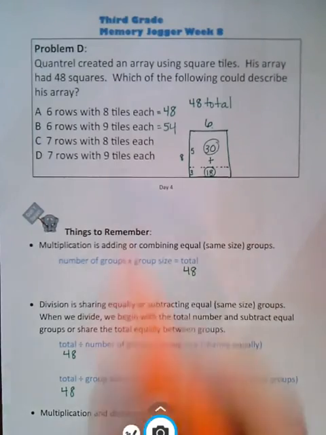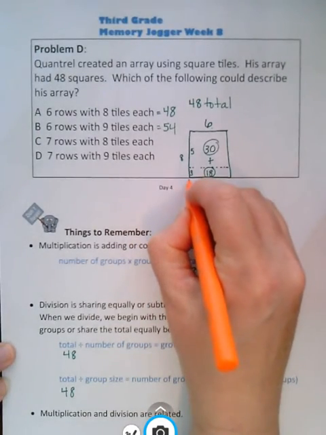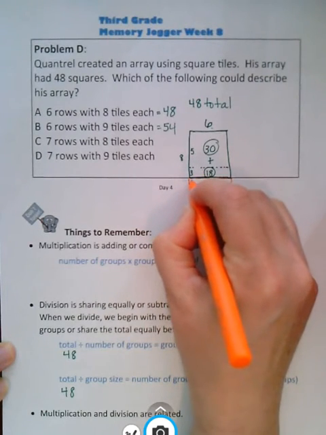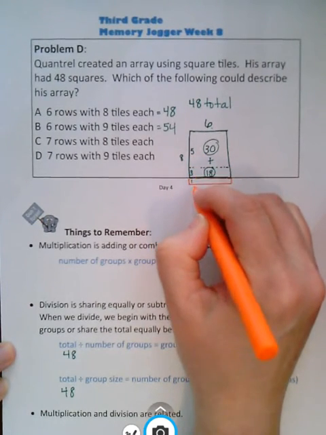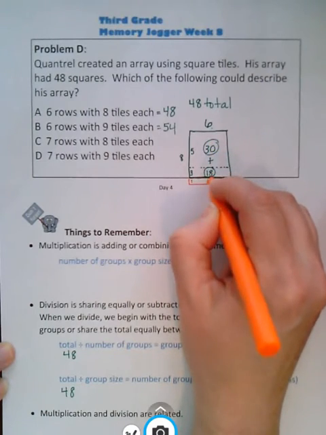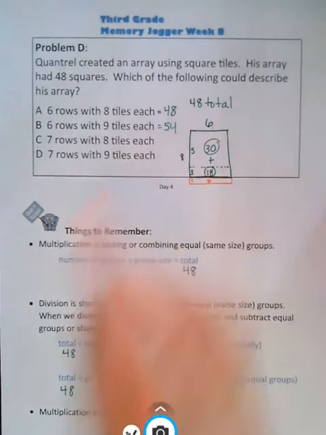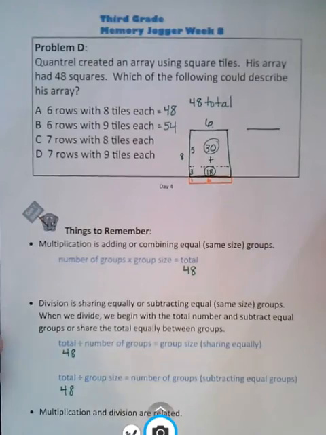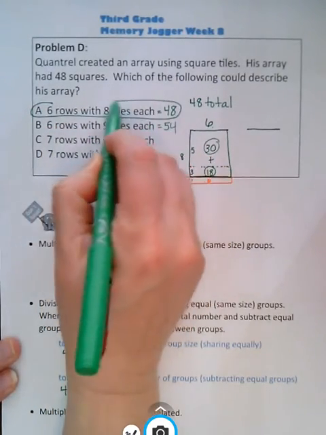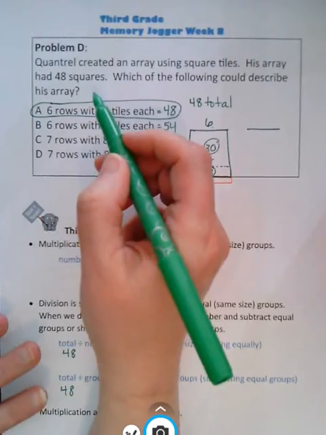In order to make that 9, I'm going to show this by adding, I would have to add one more here. And if I were to add one more here, that would be a total of 9, and there would be another 6. So the 48 plus the 6 would be 54. So right now, we think the answer is this. But let's just go ahead and check the other 2, just to be sure.